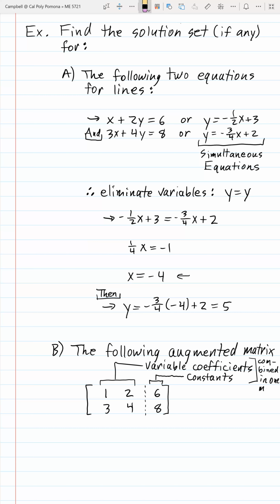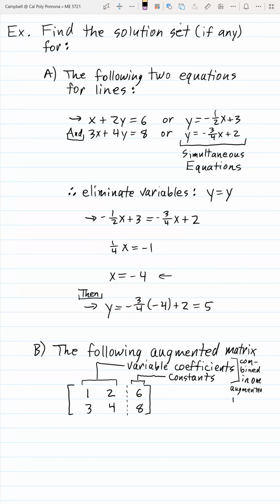Let's say one augmented matrix. There we go.